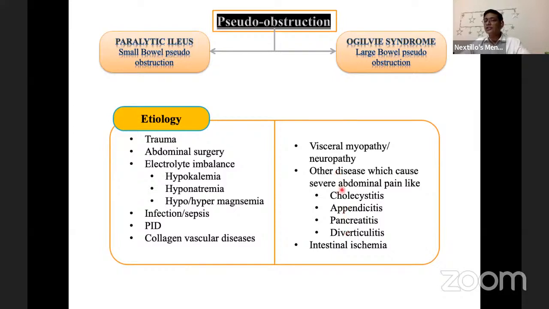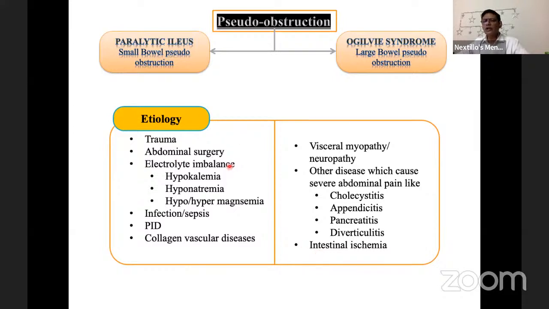These are diseases that lead to abdominal pain and ultimately cause the paralysis of the intestine, like cholecystitis, appendicitis, pancreatitis, diverticulitis, and ultimately intestinal ischemia may also lead to it. Okay, so these are different varied etiologies.